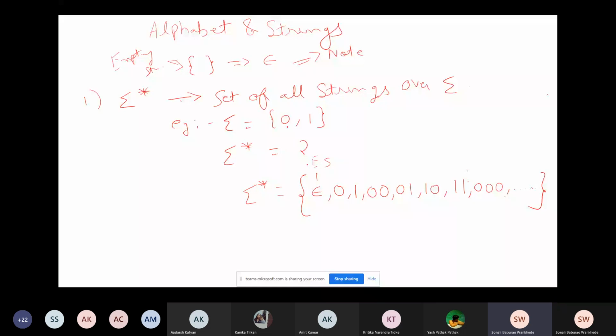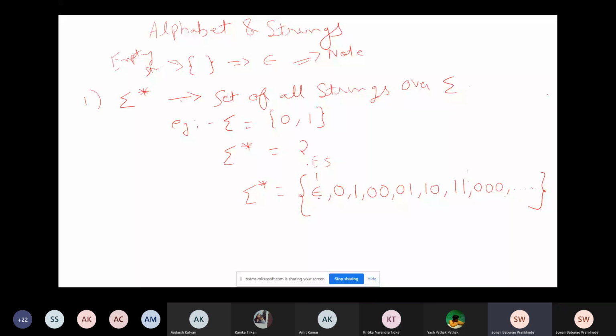Then I'm going to write the occurrences of 0 and 1, in what way these values are appearing. So I will write 0, 0. It can be repeated twice, right? 0 can occur 2 times or 3 times or 4 times, etc. Similarly, 1 can appear once, twice, thrice, and it goes on infinitely.